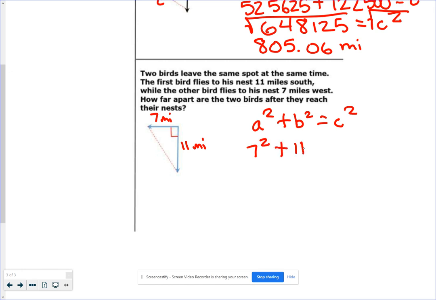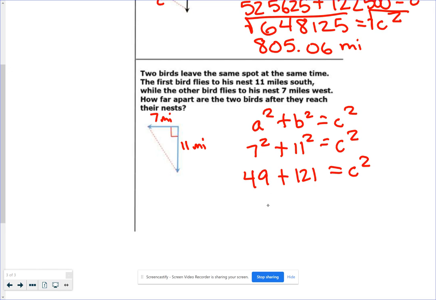No other reason. And the next one, 11 squared plus 7 squared equals c squared. Okay, so let's see here. So 7 squared is 49, plus 11 squared is 121. Okay, equals c squared.